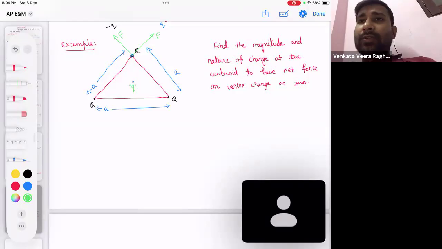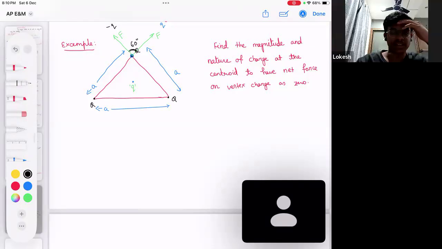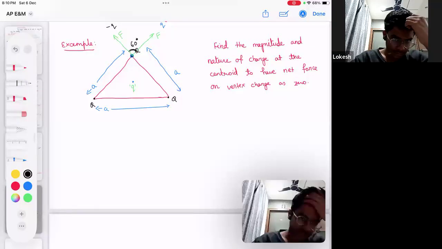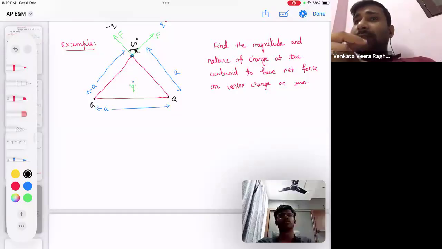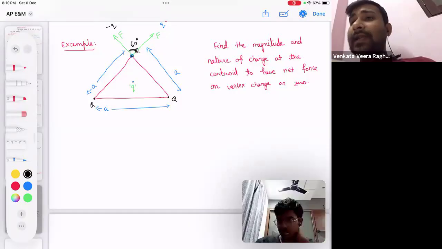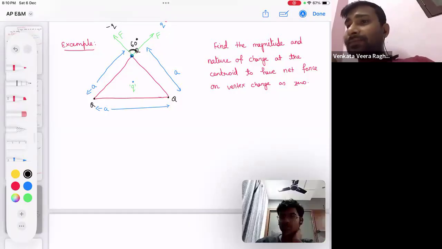And these two forces are going to be at what angle? It's an equilateral triangle, so can I say these two forces are at 60 degrees? So these two forces' resultant will come, and that must be balanced by the third force.